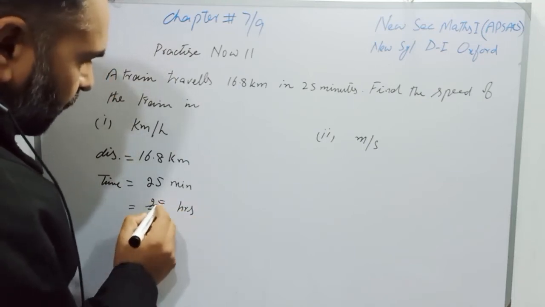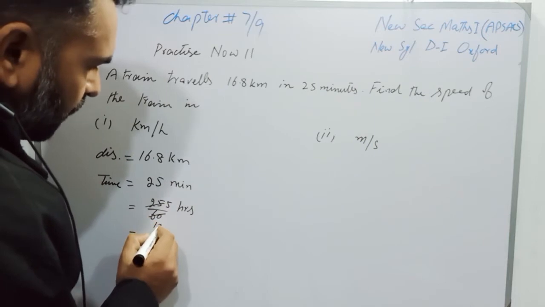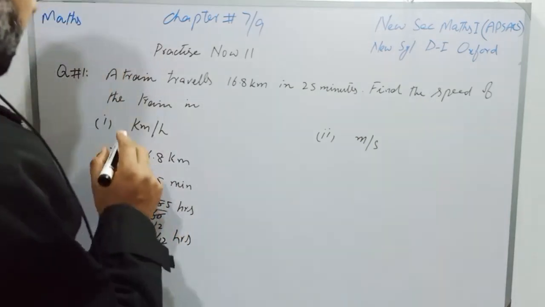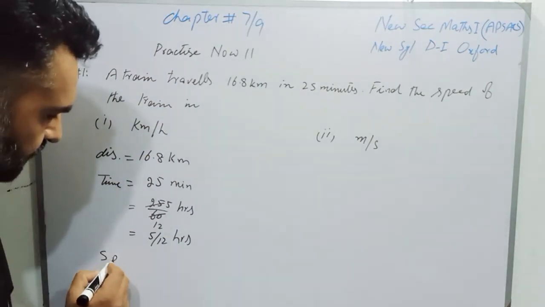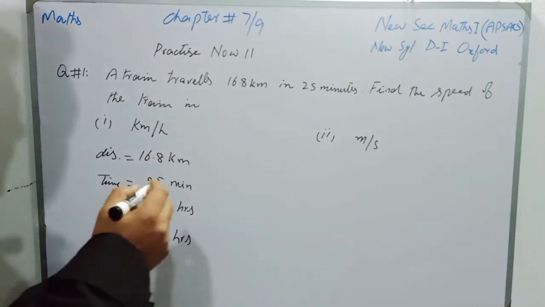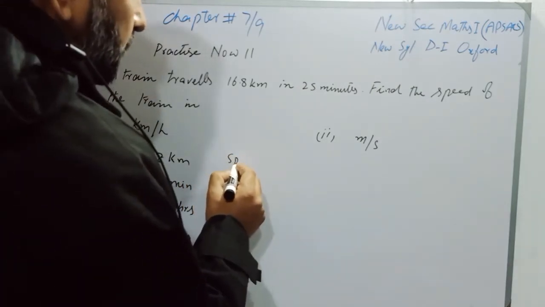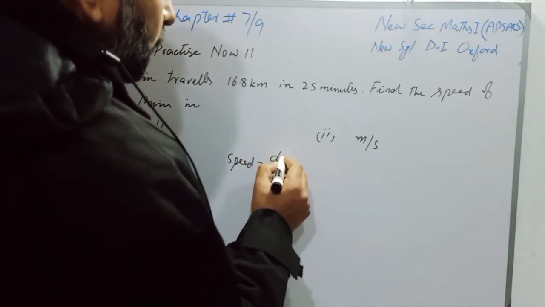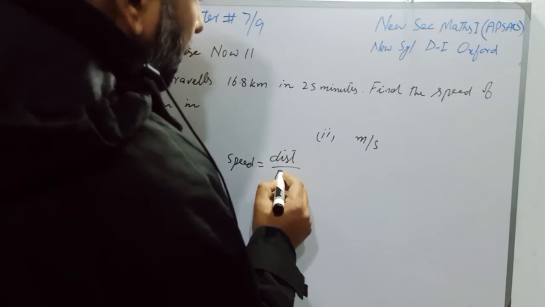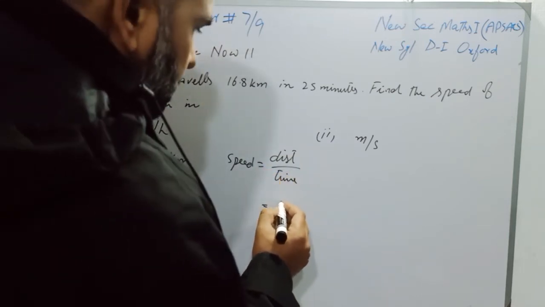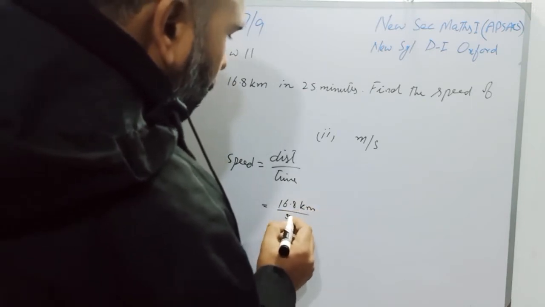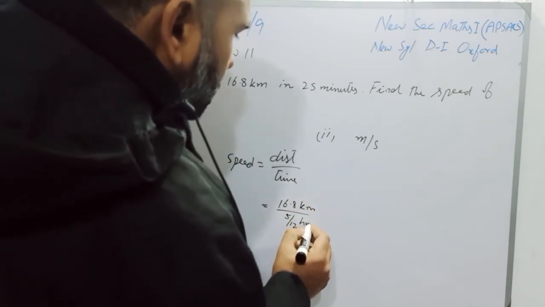And students, 5 fives are 25 and 5 twelves are 60, so time is 5 over 12 hours, and we have to find speed. Keep in mind the formula: speed is equal to distance over time. Now students, distance is 16.8 kilometer and time is 5 over 12 hours.